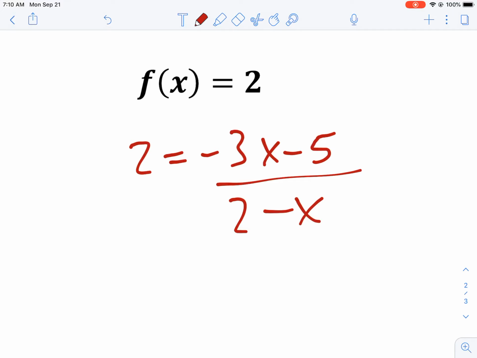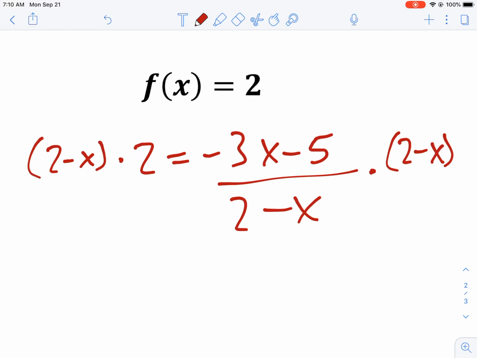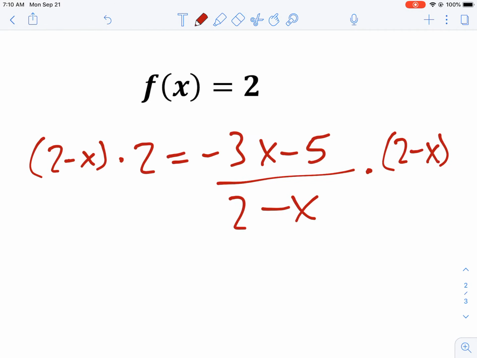So now we need to solve. Now this is a little bit difficult to solve, but you guys know your solving skills. So we're going to multiply both sides by 2 minus x. The reason we want to do that is because then we can cancel out the whole bottom and get rid of our fraction. On this side, then we're going to distribute.